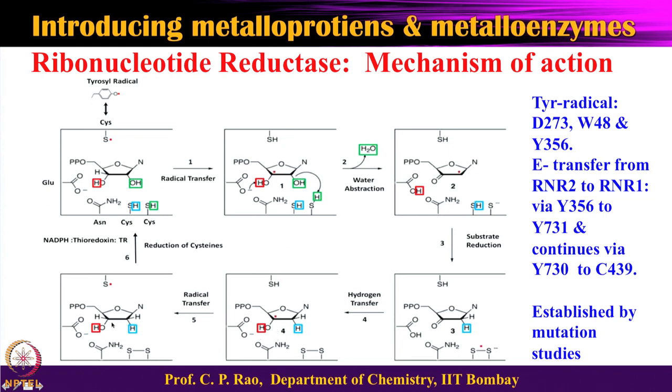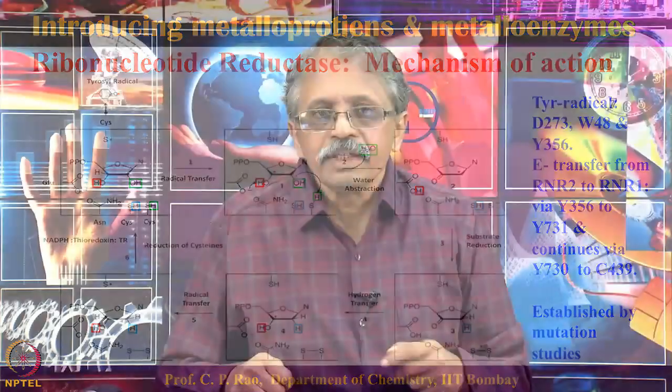We will get back to that, and this disulfide which is formed is further reduced back to the sulfhydryl by the thioredoxin process. See, very nice kind of a ribonucleotide reductase.